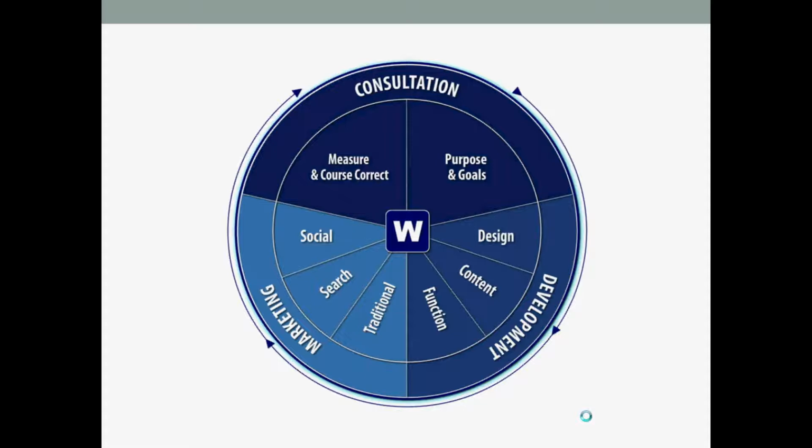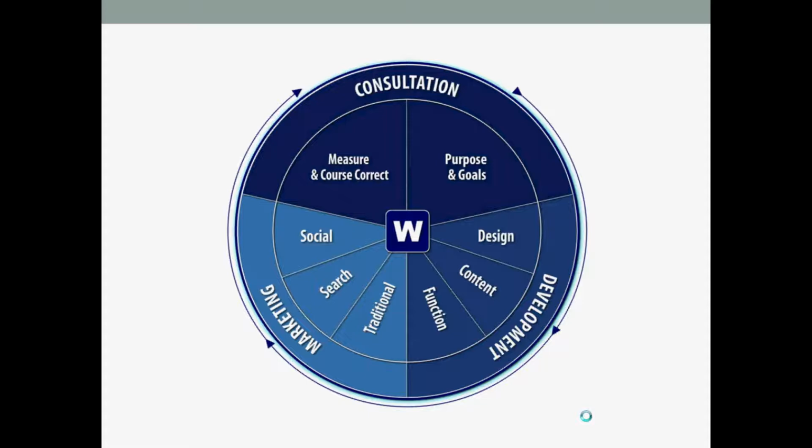Did anybody get educated with the website? And so putting measures in place to be able to see what happened and then make any course corrections. A lot of times that course correction may be that we need to reevaluate what our purpose and goal is. And then, of course, we start again, around and around, and it never ends.